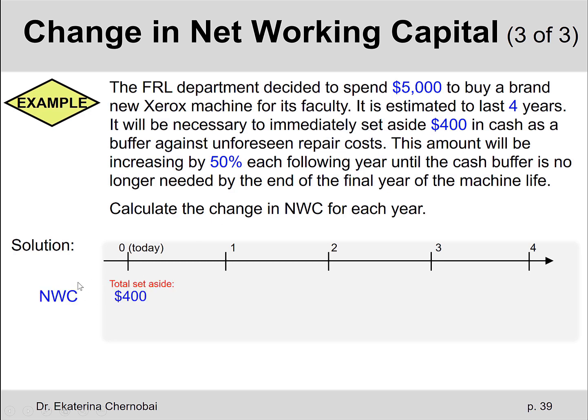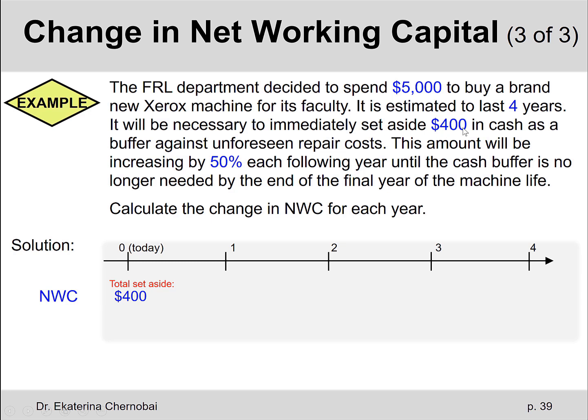So the immediate net working capital planned for this project is $400. That's money spent. What will be the net working capital, or think about the total cash reserve, cash buffer, as of end of year 1?